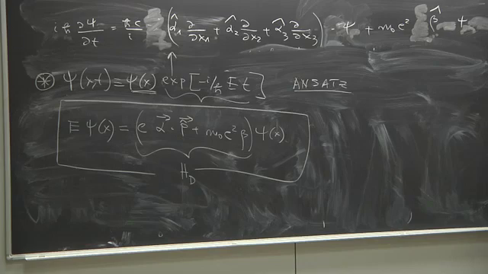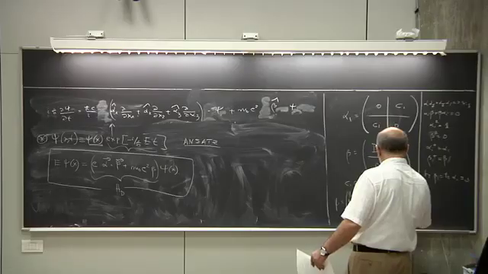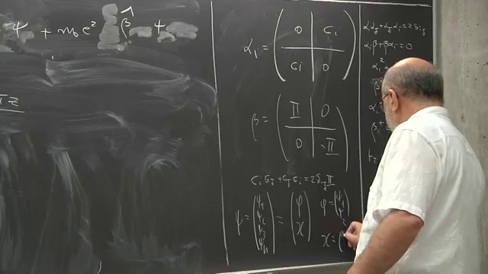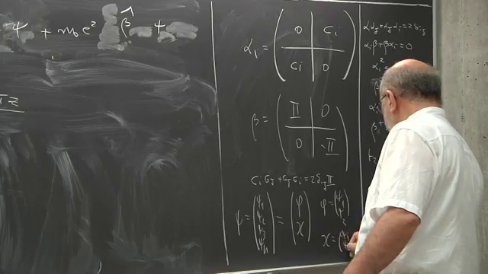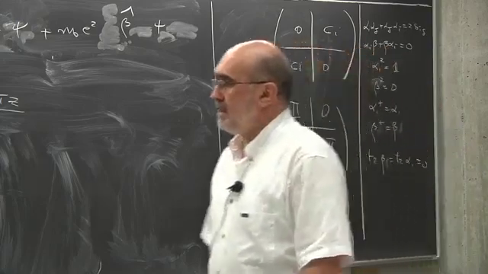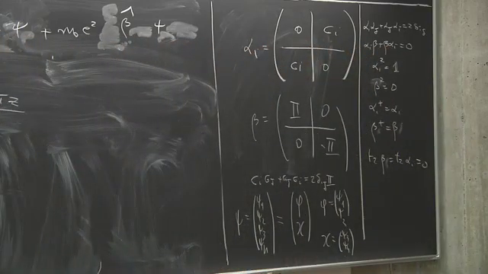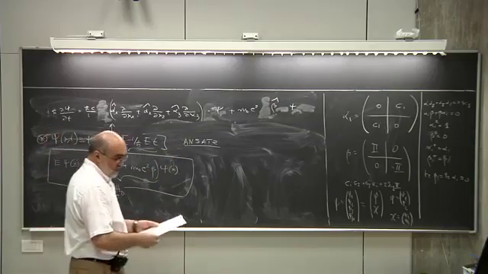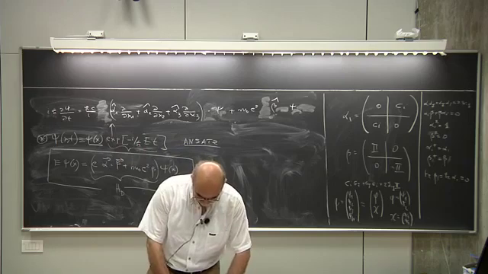Well, let's split these in the following manner: phi, chi, where phi and chi are two-component objects. So phi is psi 1, psi 2, and chi is psi 3, psi 4. Let me write them in this manner. The reason I do is because from the form of the alpha it is then easy to derive the equation.